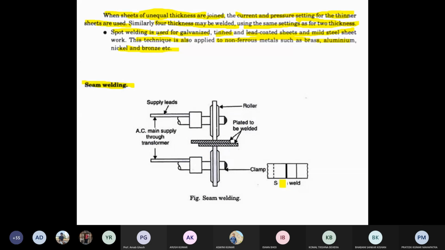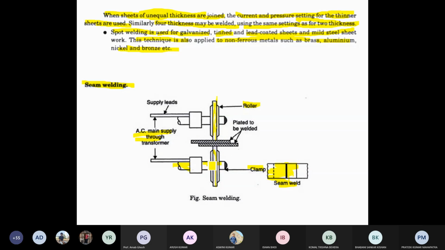In seam welding, you can see the cross section area, the dark portion, is welded with the workpiece. One is a fixed clamp. AC mains supply is there. Rollers are there, one positive roller and one negative roller. Between these rollers the electrodes are there. You can see the two electrodes.